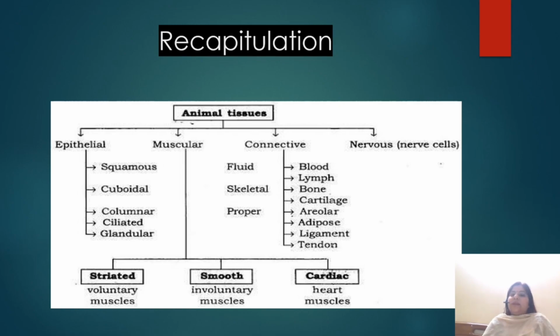Then we have studied that connective tissues are basically of three types: fluid connective tissue, skeletal connective tissue, and proper connective tissue.